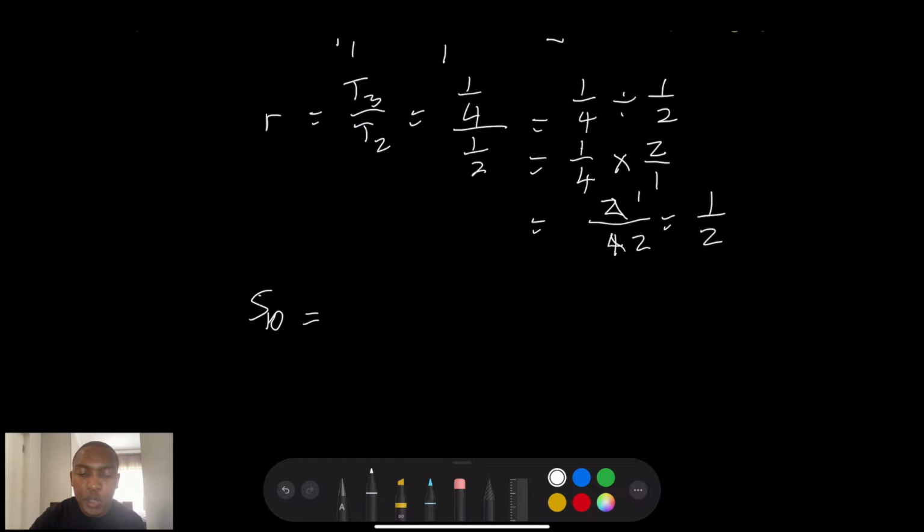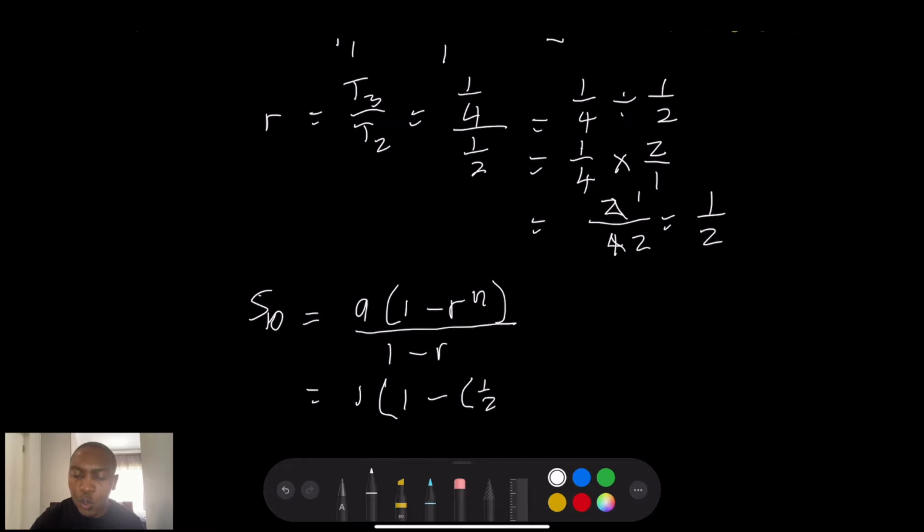So what we're simply going to say is A times 1 minus R to the power N, divided by 1 minus R. So all we simply do is just to substitute once again. Our value of A is 1, okay, that's 1 minus, we said R is 1 over 2, to the power N, and we said this is the first 10 terms.